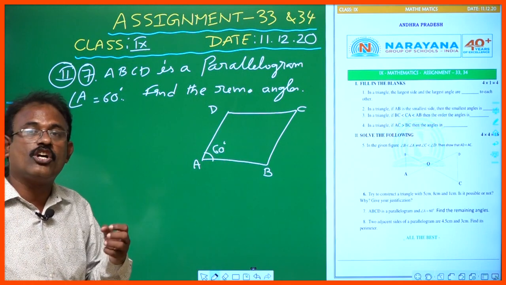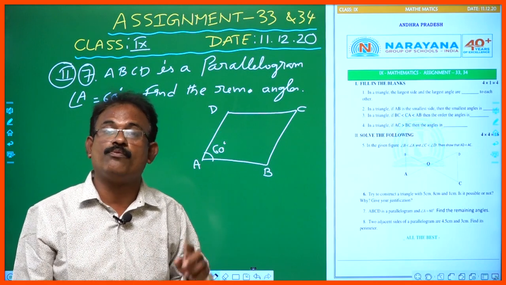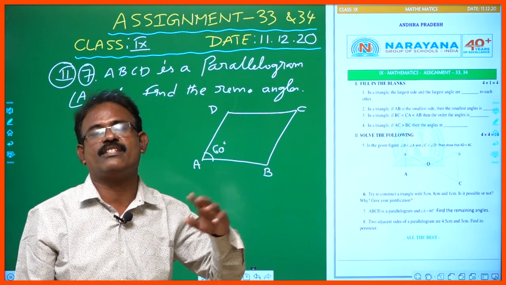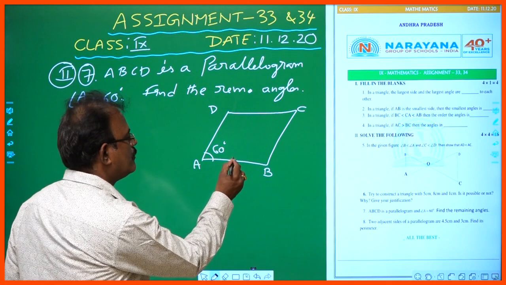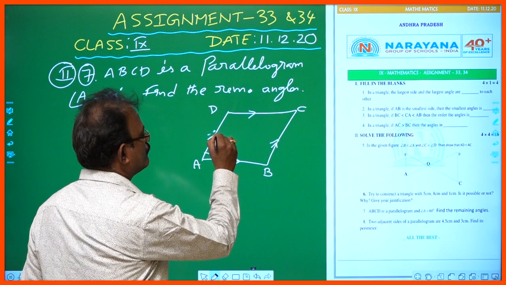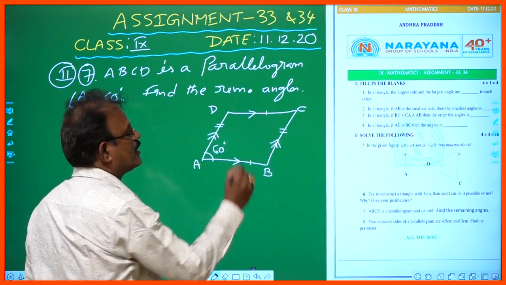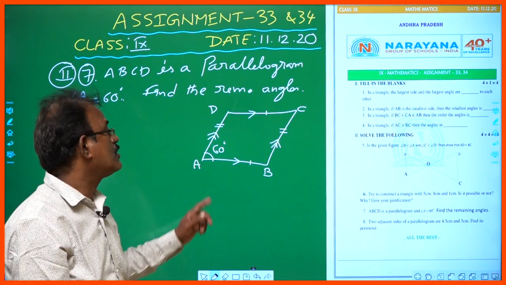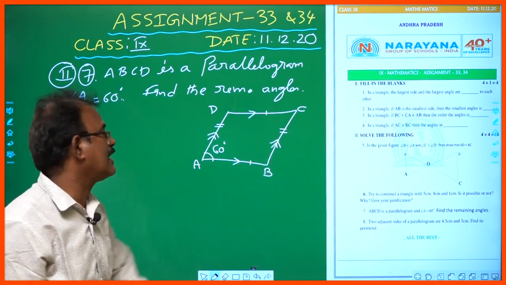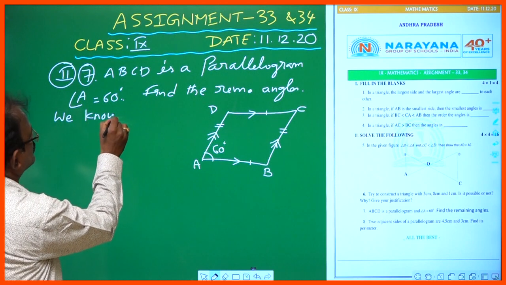Children, let us recall the properties of a parallelogram. First of all, a quadrilateral in which both pairs of opposite sides are parallel and equal is a parallelogram. Here opposite angles are equal.